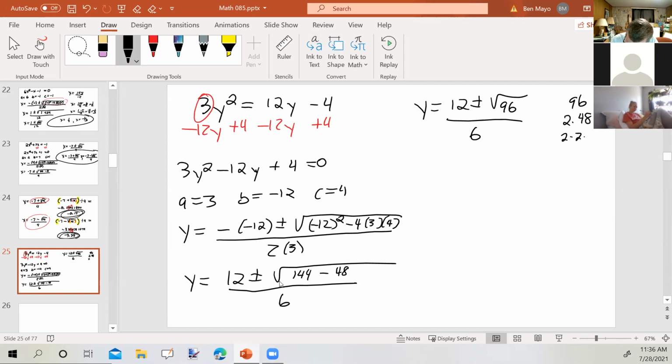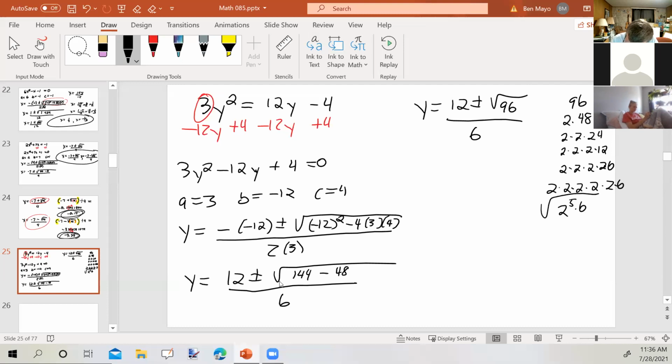And 2 times 2 times 24, 2 times 2 times 2 times 12, 2 times 2 times 2 times 2 times 6, 2 times 2 times 2 times 2 times 2 times 6. I think that's right. So that's 2 to the 5th power times 6, right? All right, so I want to take the square root of 2 to the 5th power times 6.